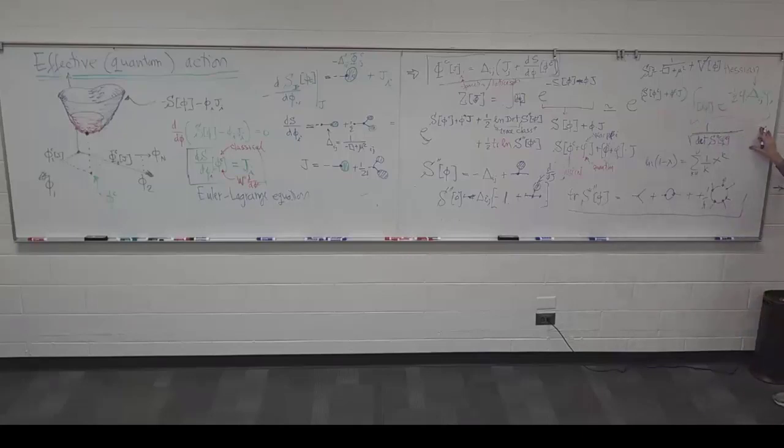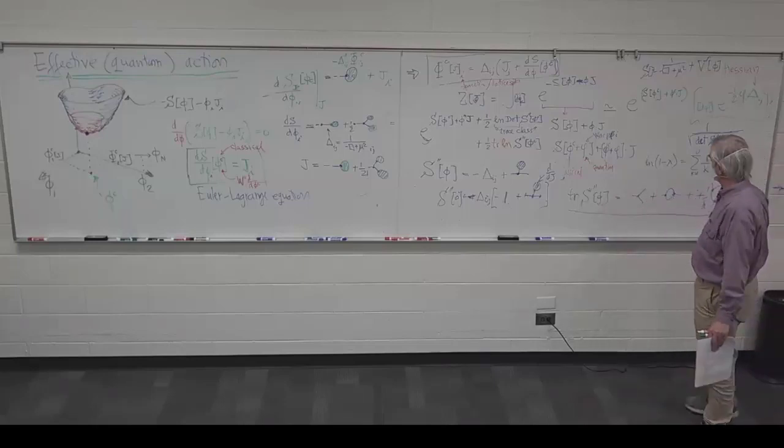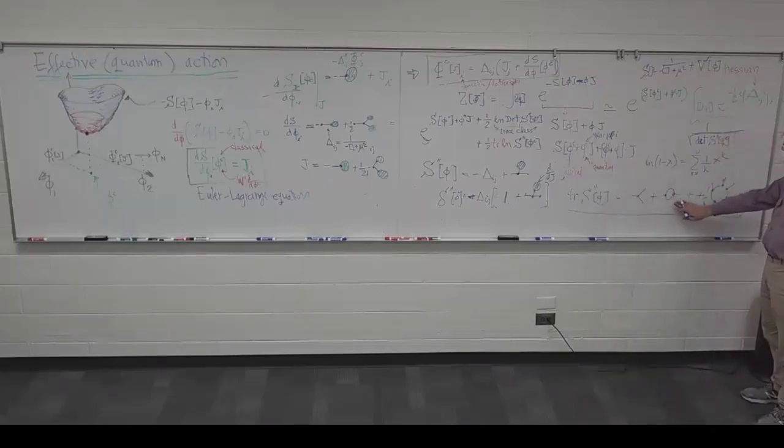It's accurate to the first non-linear term in the second derivative of phi. So there'll be other corrections. But this now organizes the calculation on the classical backbone plus one loop corrections every place.